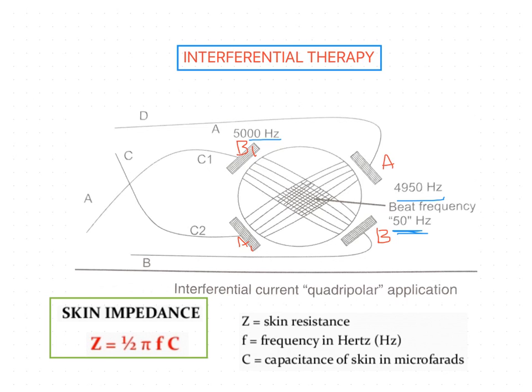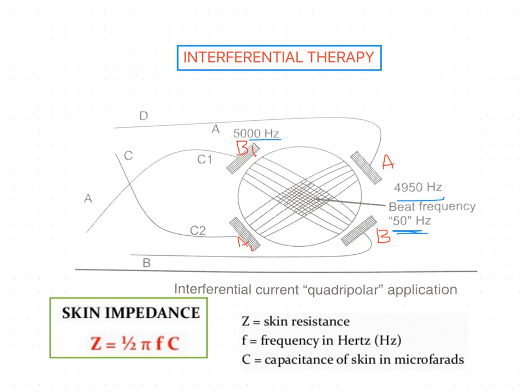If a rhythmical range of 0 to 100 hertz is required, this is achieved by varying the frequency in the second circuit between 4900 and 5000 hertz over a period of 5 to 10 seconds. If you maintain a 100 hertz difference, we can produce a rhythmical range of 0 to 100 hertz.